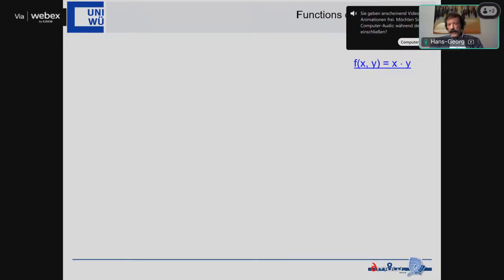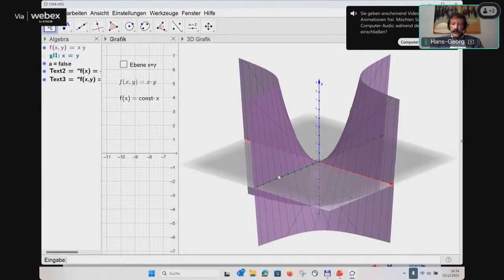And another example of this relationship is the graph of a function of two variables, and this is maybe one of the easiest functions, f of x, y equals x times y. You can also draw this graph with the 3D mode of GeoGebra, and you get exactly this.